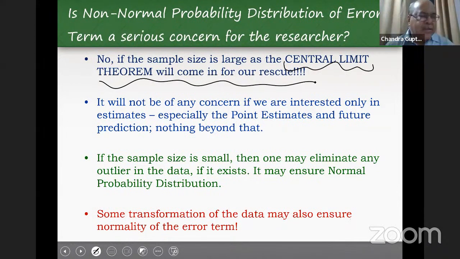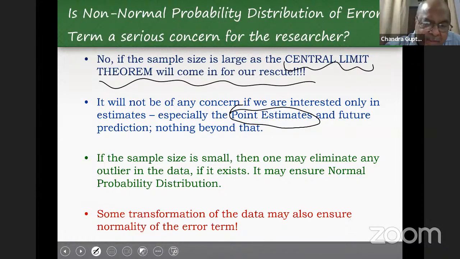So if you have a large sample, 1,000 observations, 2,000, 3,000, you need not worry about it. If you are not interested in hypothesis testing and interval estimation, only point estimates, then forget about normality of the data. Forget.